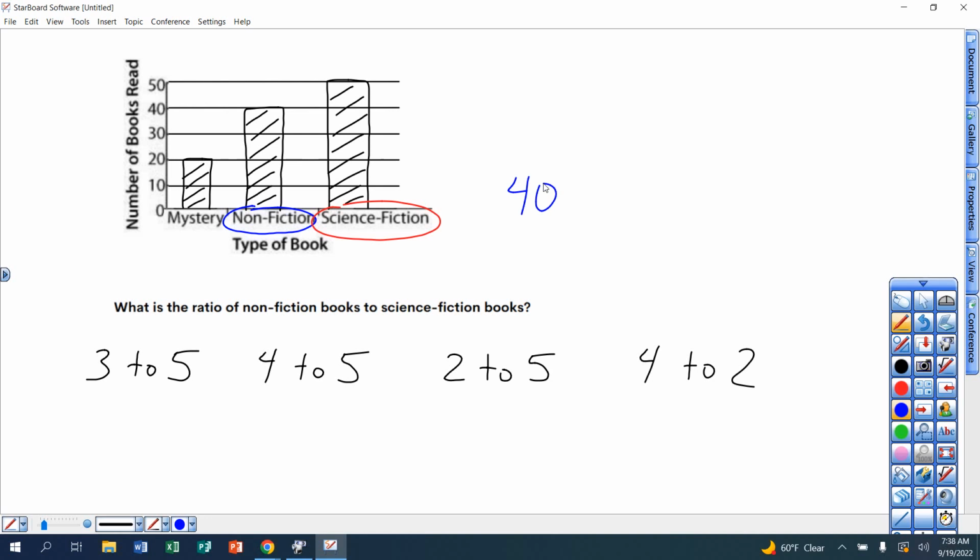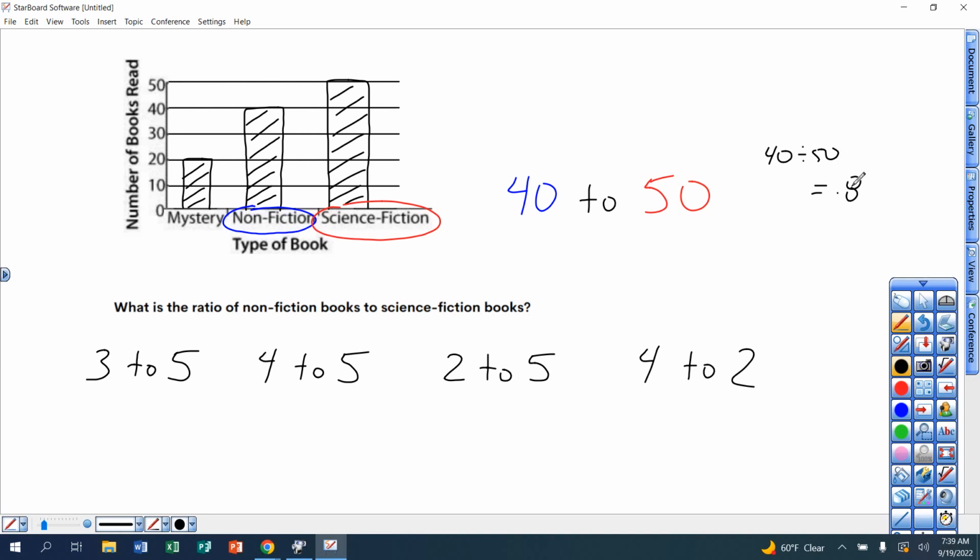The way these are written is using the word to, 40, and then I look at science fiction, looks like 50. And again, for these, you could divide them all out. You could divide 40 divided by 50 and see what that value is, which is 0.8.